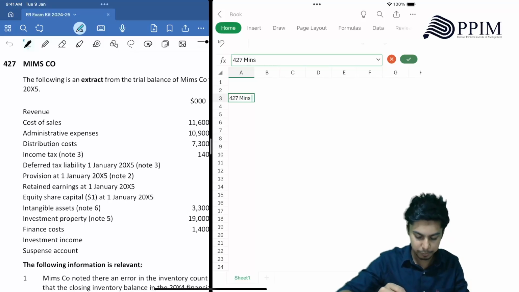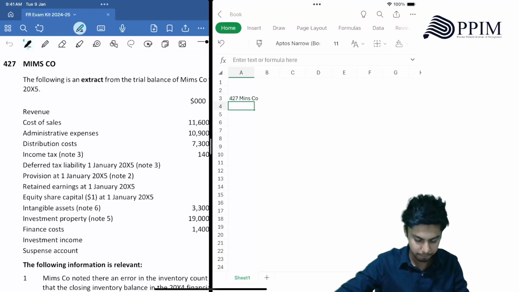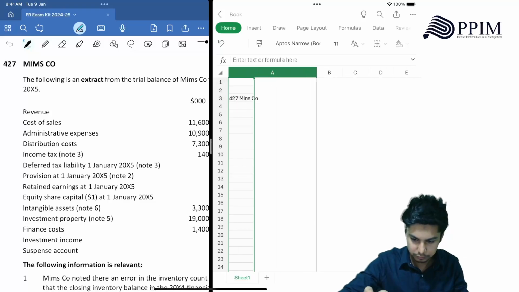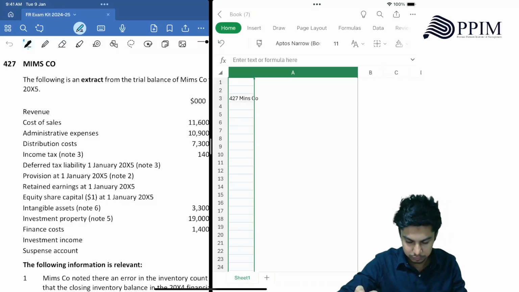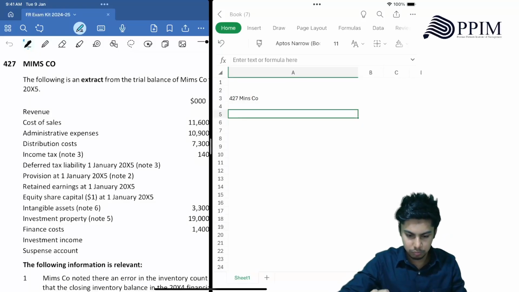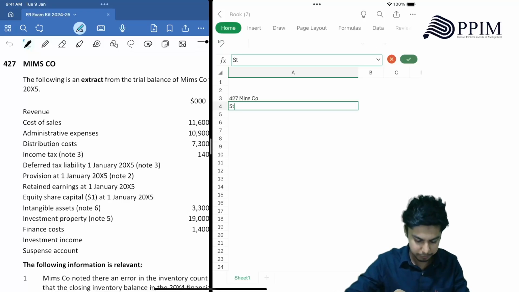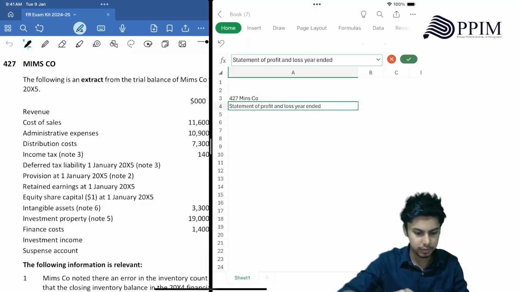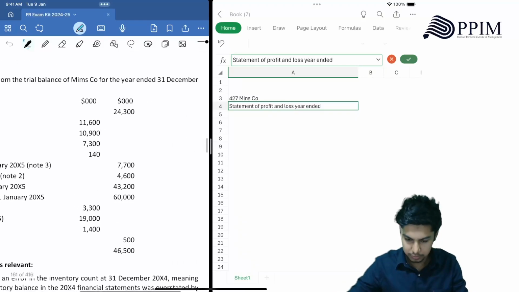We have MIMS Corporation. Statement of profit and loss, year ended 31st December 2005.